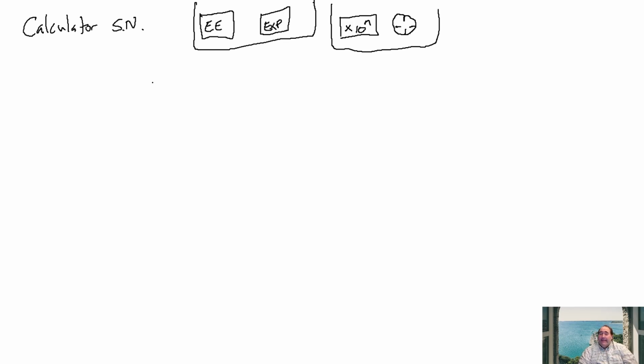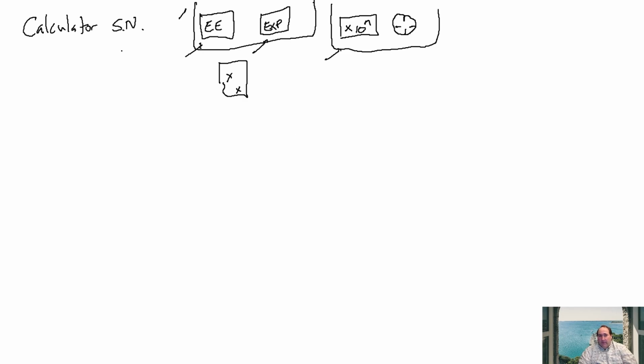Usually the E button is in the leftish area of the calculator. A lot of times the EXP button is kind of bottomish on calculators. And that's where you can find those locations. Either you'll have one or the other, you won't have both. So you'll have one of these three buttons typically on a calculator.